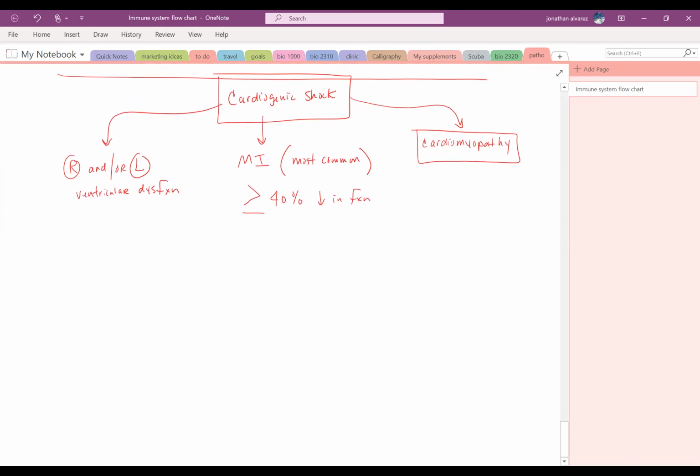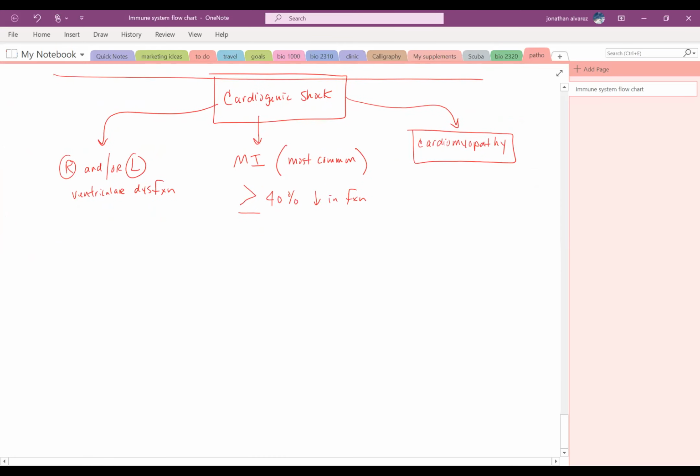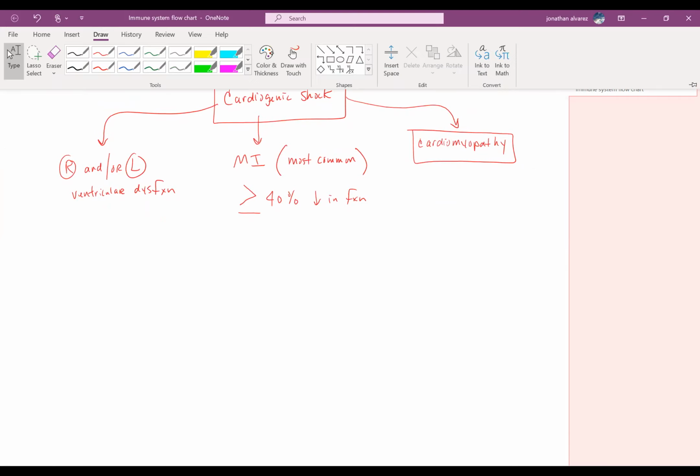Okay, and these are things that can lead to cardiogenic shock. All right. Let's talk about a few other things about it.